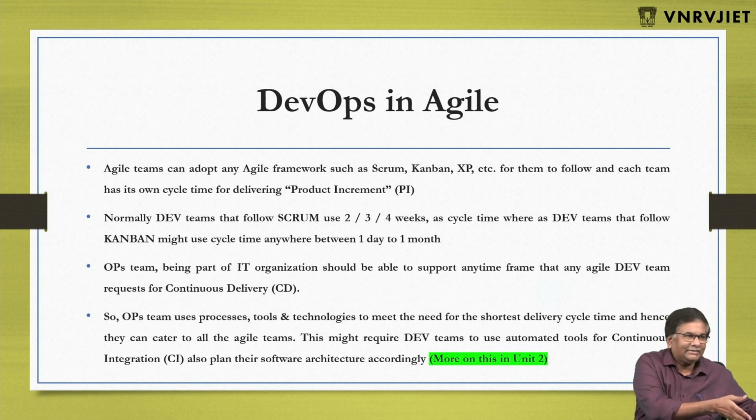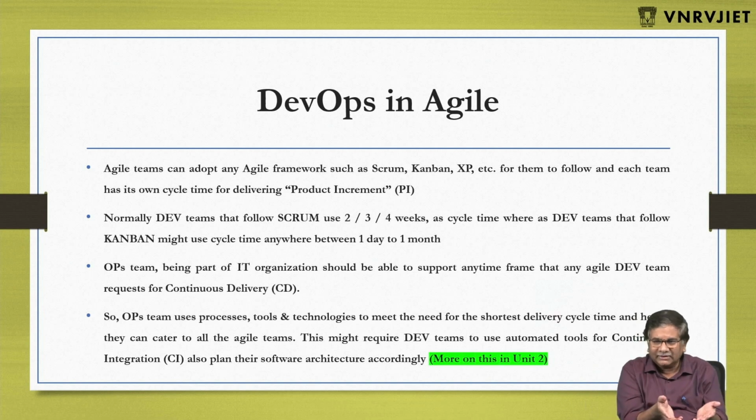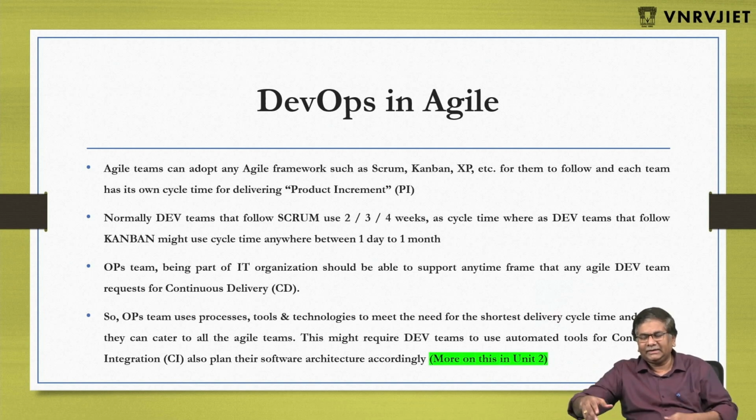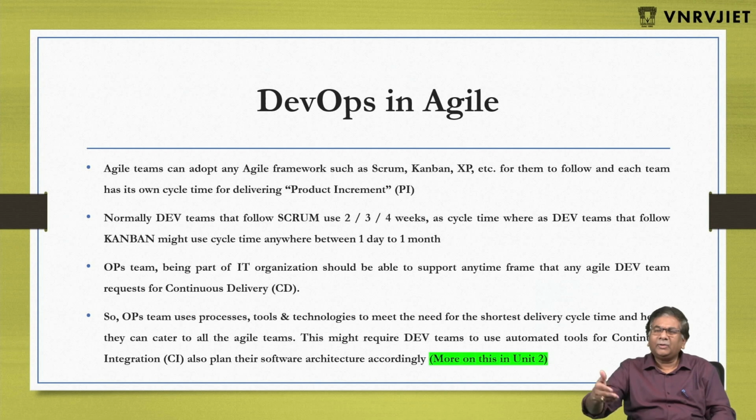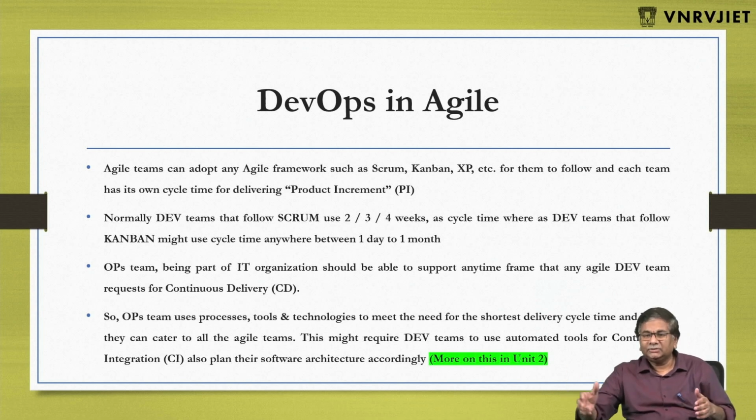When they follow Scrum, they may say, okay, we are going for a 3 week sprint. Somebody says, no, we are Kanban. The operations team follows Kanban. Also some development teams that maintain the code. Code maintenance normally happens through Kanban, because customers raise defects every day. Right? XP might have a different time frame.